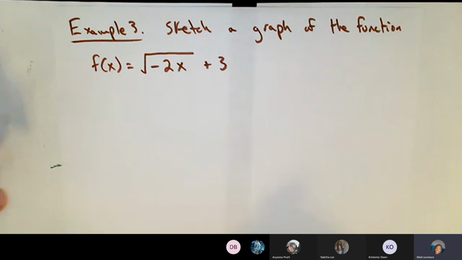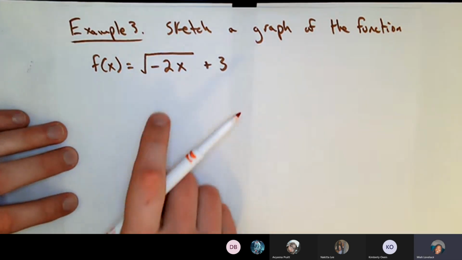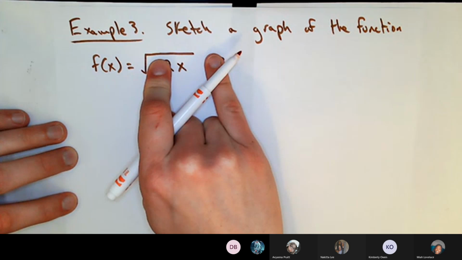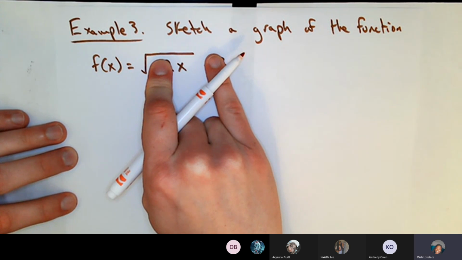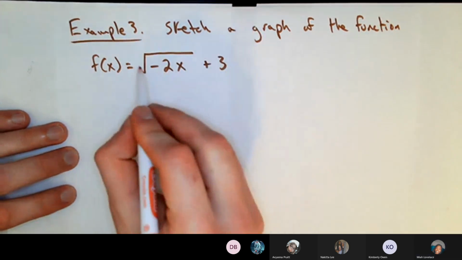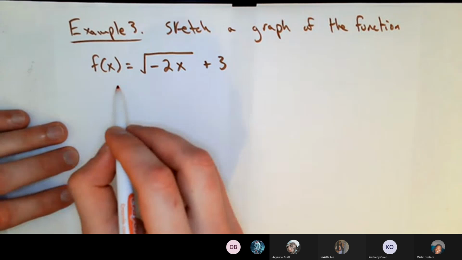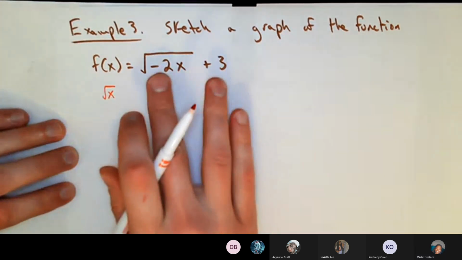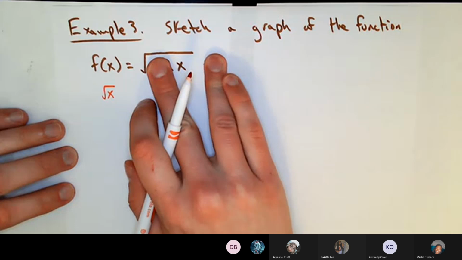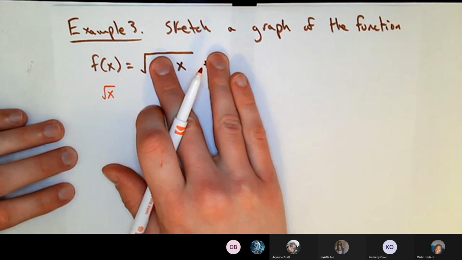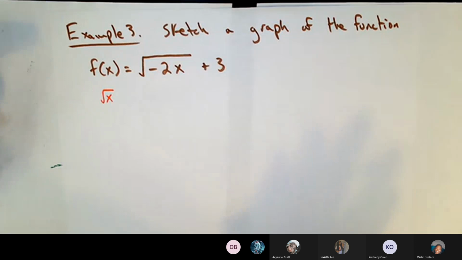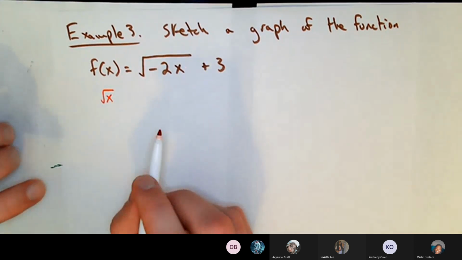So if you took away the negative 2 and the plus 3, it would be x, with the square root on there. Oh, square root, okay. Yeah, square root of x. So we take away all the extra operations except for the defining piece of this graph, which is the square root part. That's really identifying the shape of this graph. So we have square root of x.